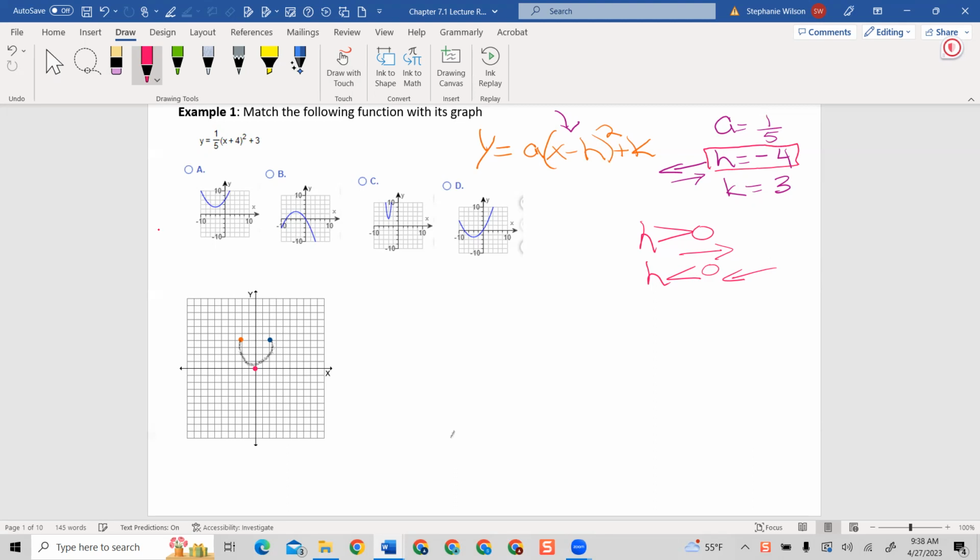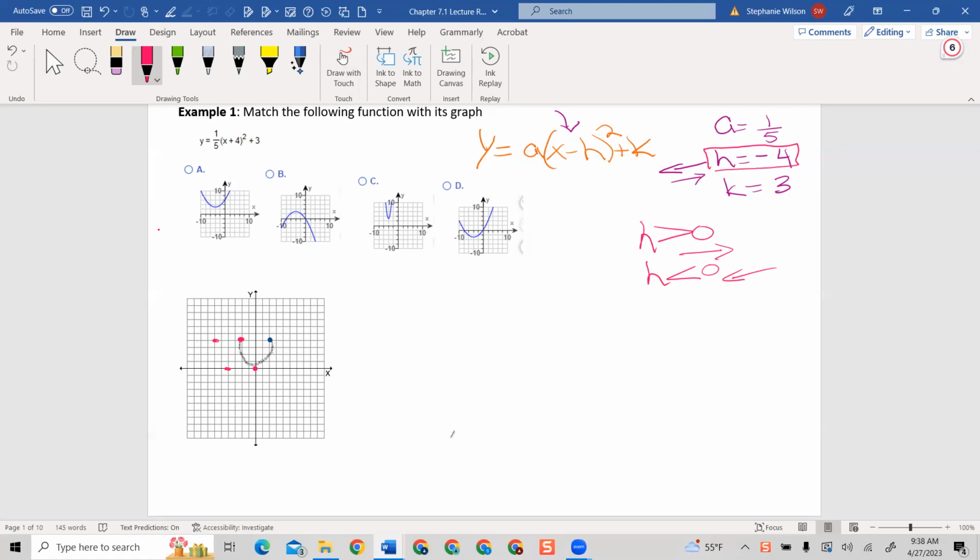So that means we need to move this whole entire graph to the left. 1, 2, 3, 4. Okay, so I moved it to the left. Now let's look at k.